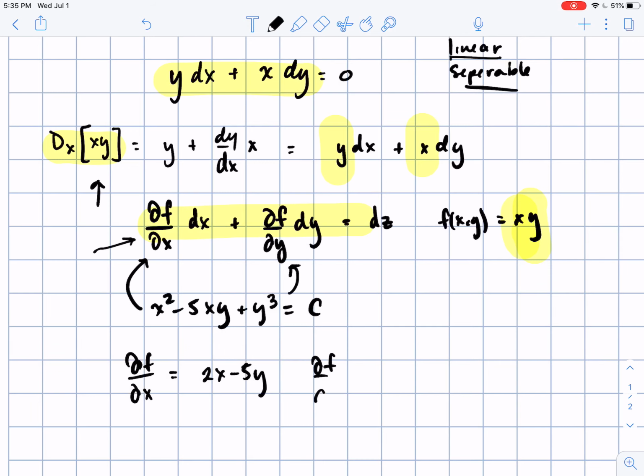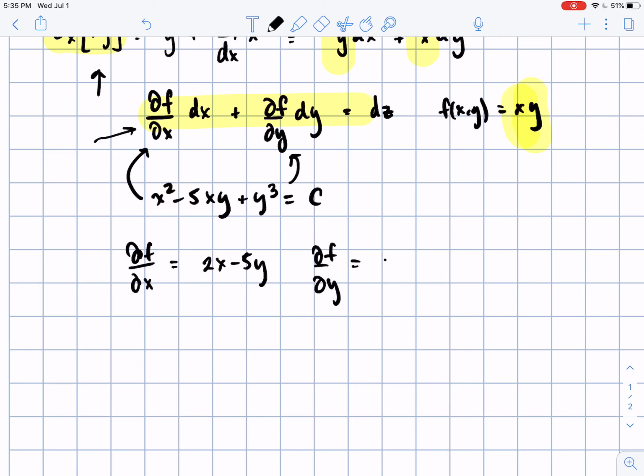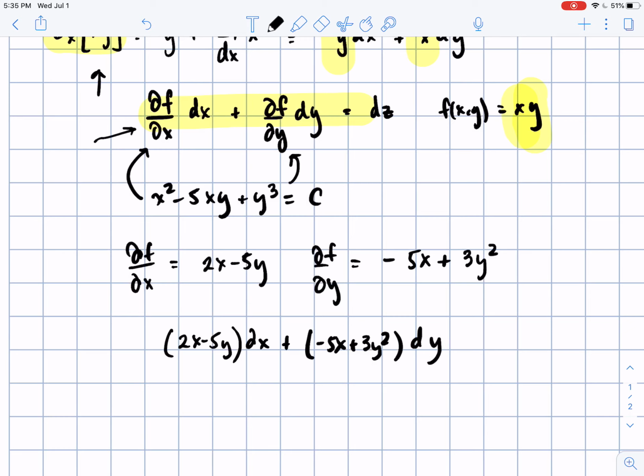Our partial with respect to y of that same function is going to be negative 5x plus 3y squared, right? And then you could see how that notation fits in, where it's 2x minus 5y dx plus the negative 5x plus 3y squared dy, and then that's equal to 0 because the derivative of a constant would be 0.